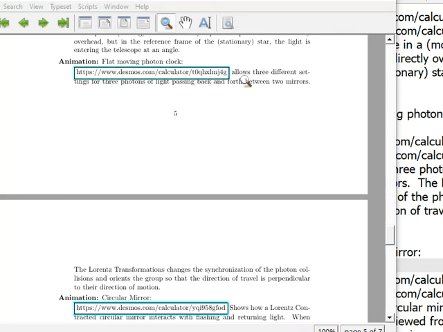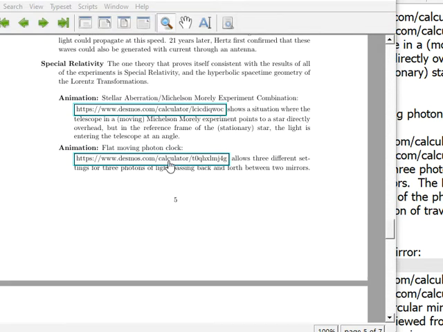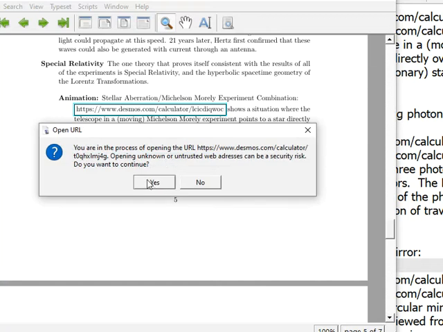And this one actually has 3 different settings for the 3 photons of light passing back and forth between 2 mirrors. The Lorentz transformation changes the synchronization of the photon collisions and orients the groups so that the direction of travel is perpendicular to their direction of motion. So again, I will click on that and see what that looks like.